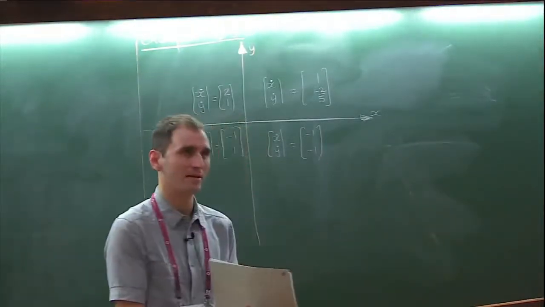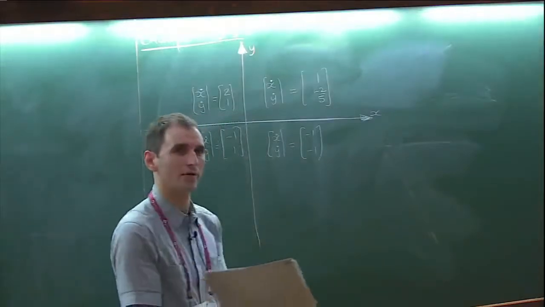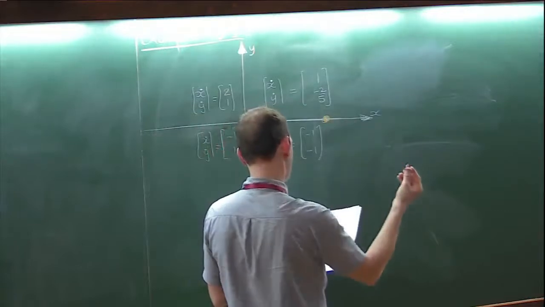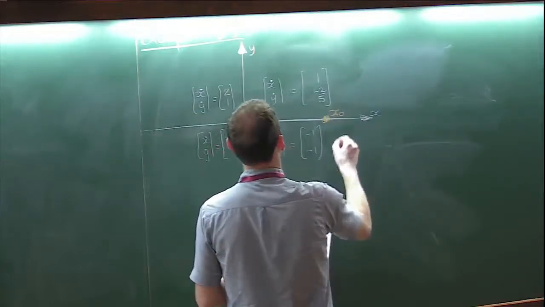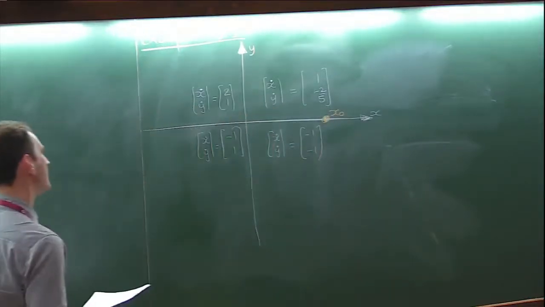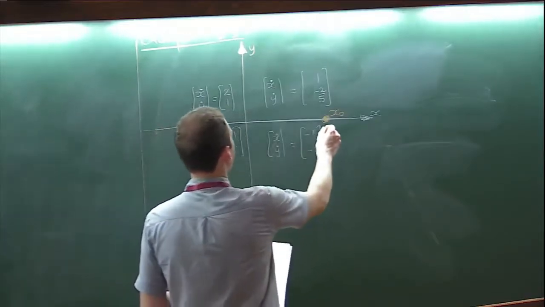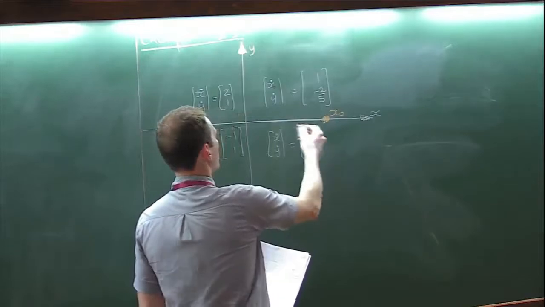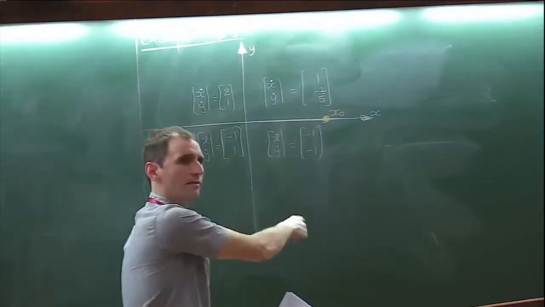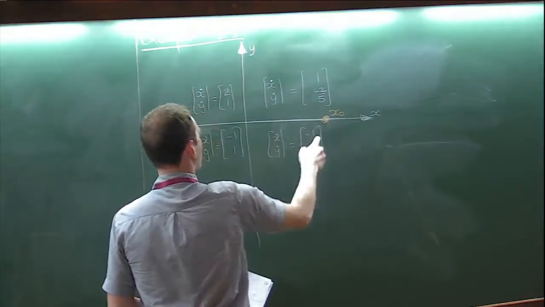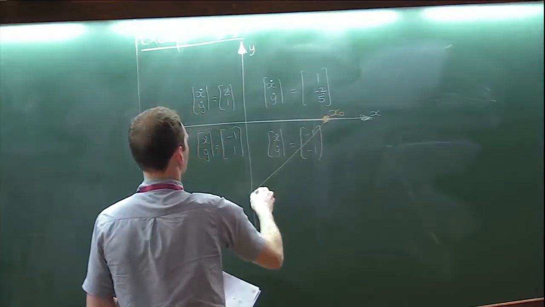Okay, so let's do a calculation of an orbit of the system. Let's start off at some point on the positive x-axis. So following the vector field in the fourth quadrant, x dot is -1, y dot is -1.